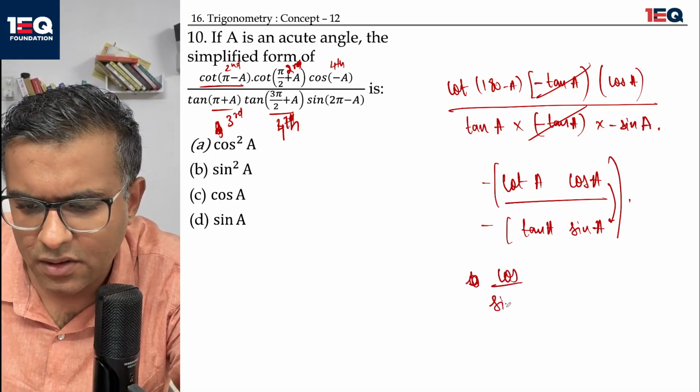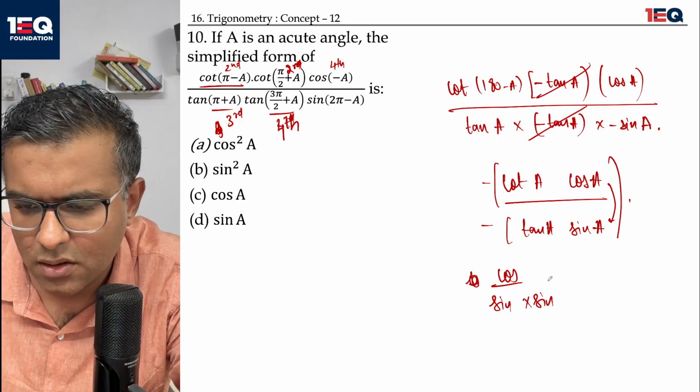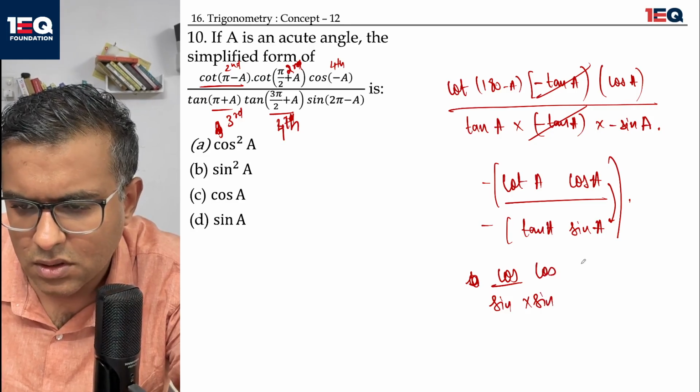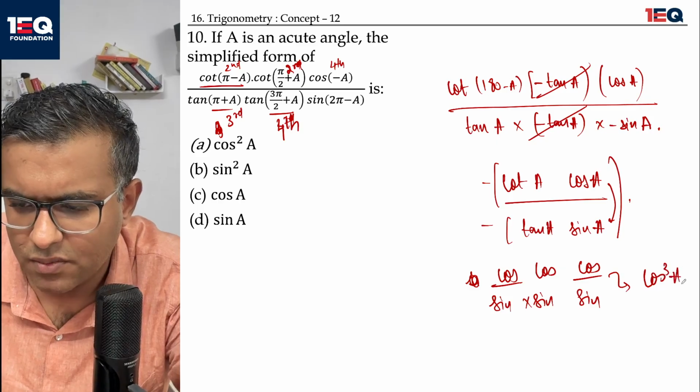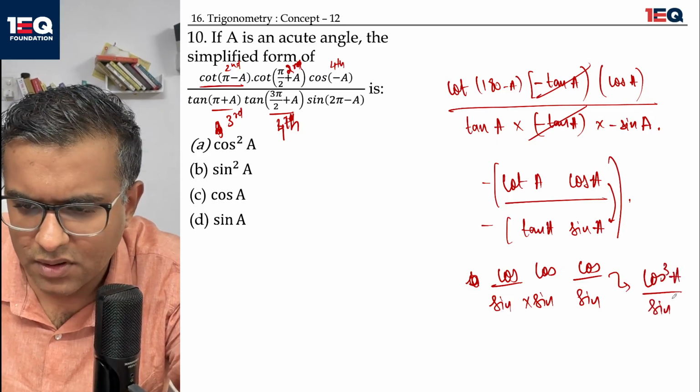Cos over sine, sine over cos, and cos over sine. This leaves me with cos cube A upon sine cube A.